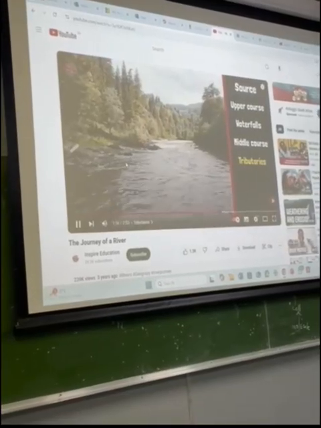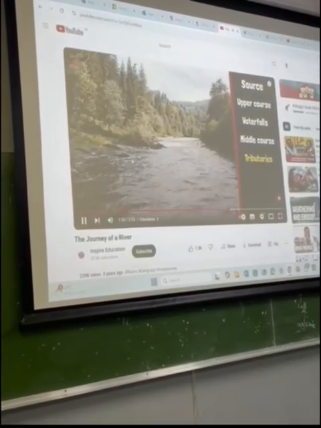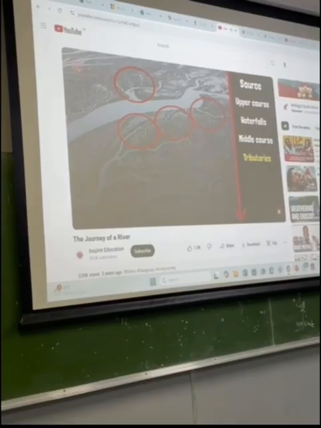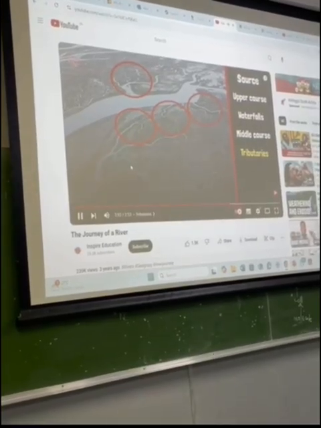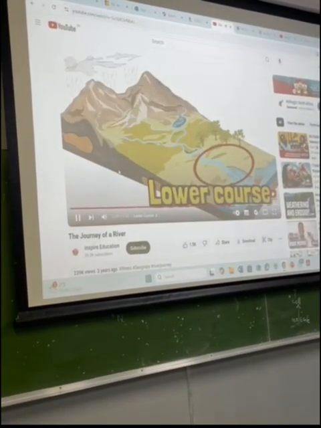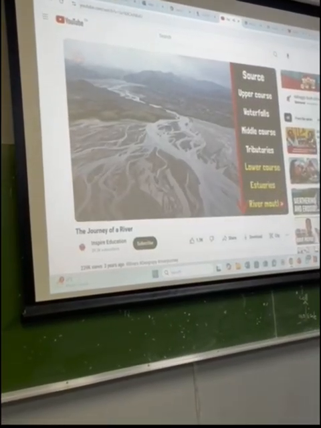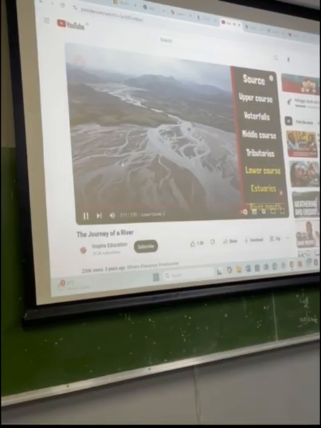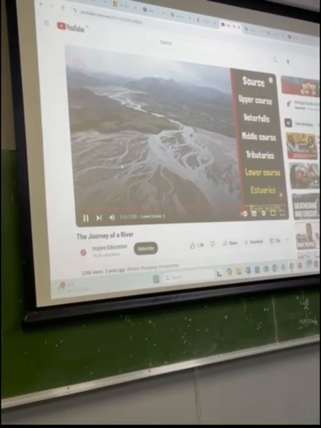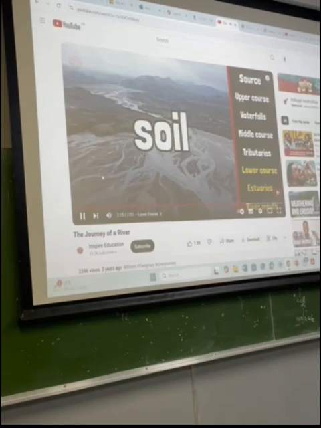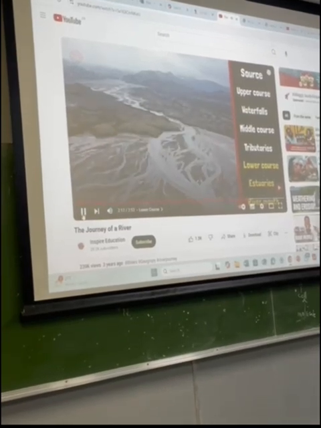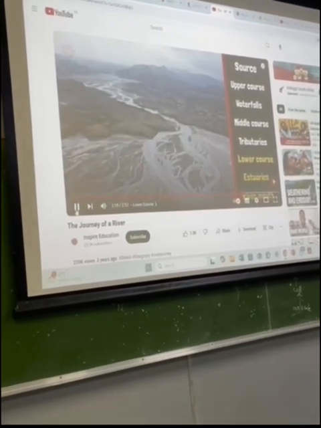They eventually form larger, wider rivers. Small rivers that feed into bigger rivers are called tributaries. Lower course. Eventually, the river reaches the lower course. The river often widens out into estuaries or deltas, where sediment, sand, soil and rock, carried many miles by the river, builds up.